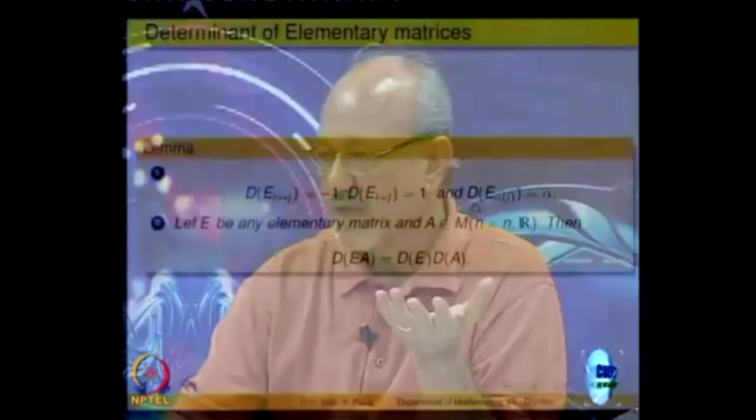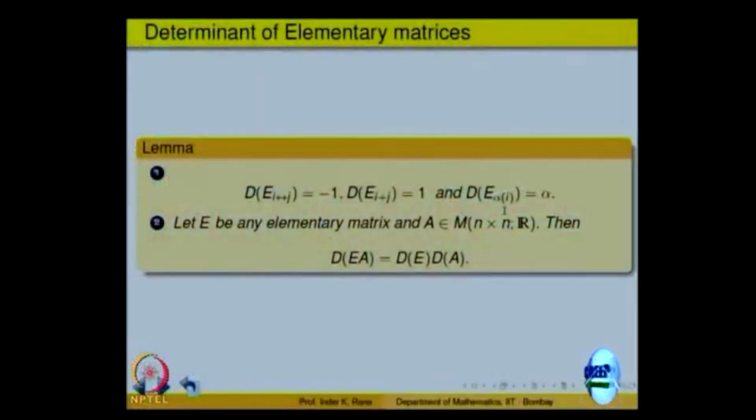So that is the same as the determinant of the identity matrix, and that is 1. What about alpha times Ri? That is linearity. When you multiply a particular row by alpha, alpha comes out. So the determinant of the elementary matrix which multiplies the ith row by alpha is just alpha.